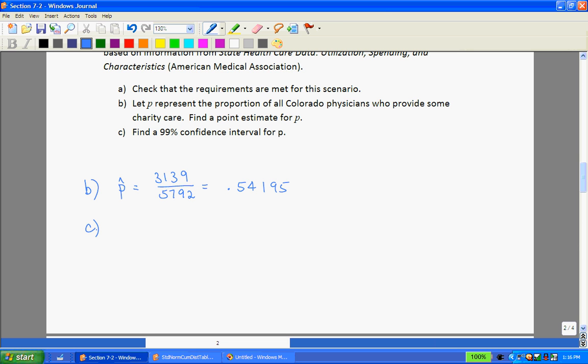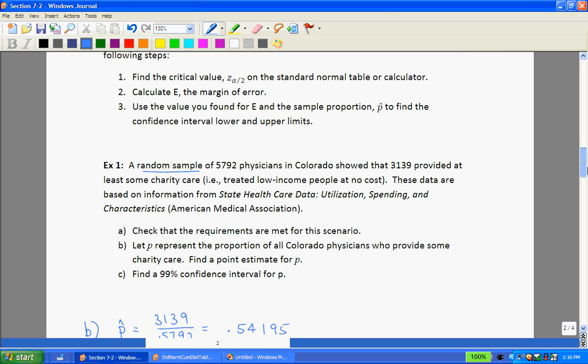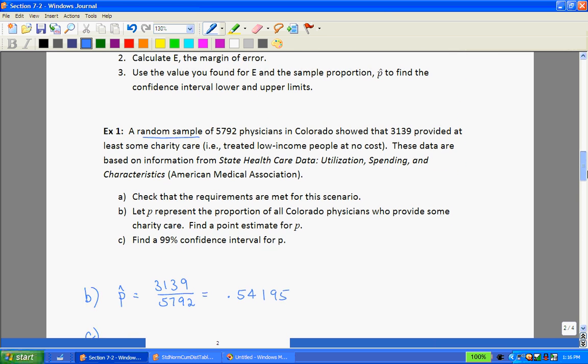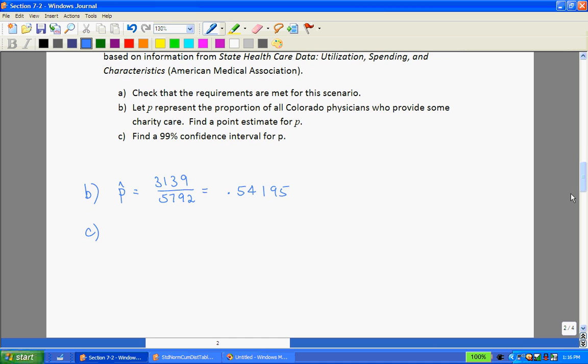Part C, find a 99% confidence interval. Well, remember back with our steps here, the first thing we want to do is find that critical value Z alpha sub 2. Well, first we need to find alpha. Well, alpha is 1 minus our confidence level. And our confidence level is 0.99, so that means we have 0.01. But remember, that's the total area in the 2 tails combined.